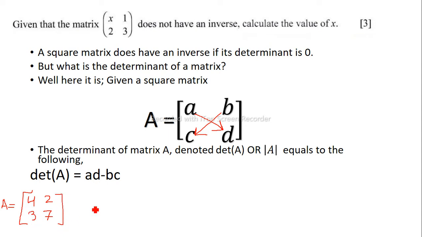What is the determinant of A? With 4, 7, 2, 3, the determinant of A is going to be equal to 4 times 3 minus 7 times 2.